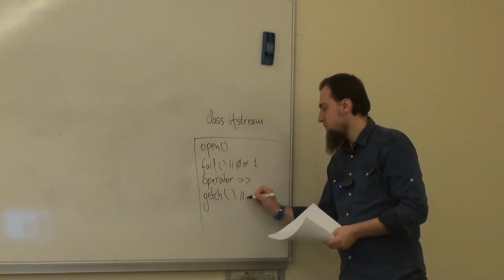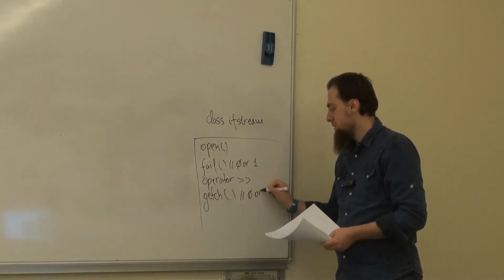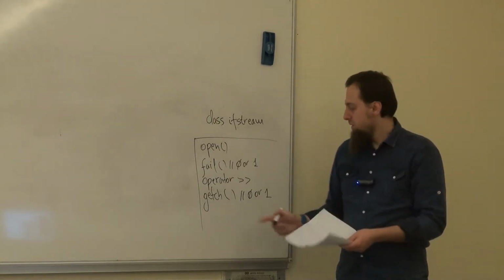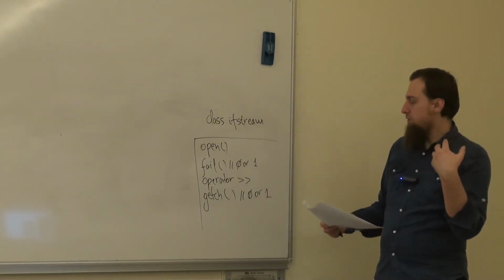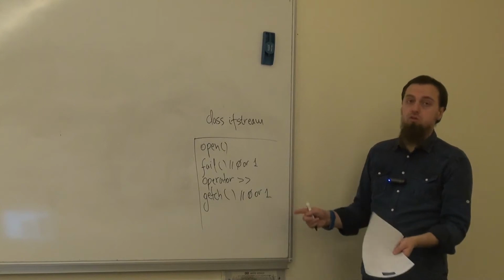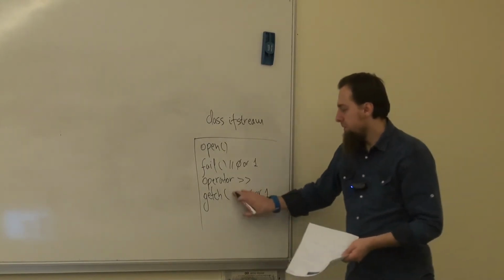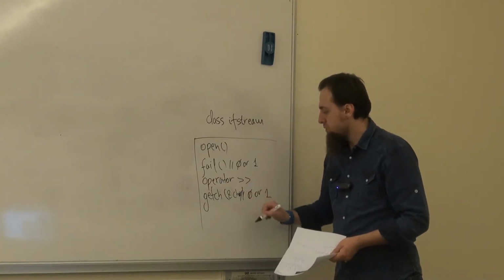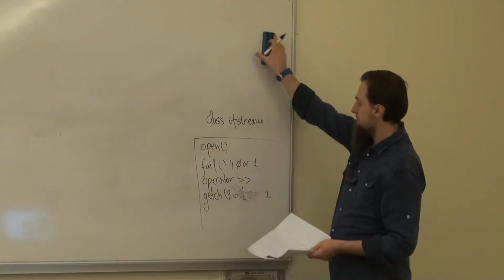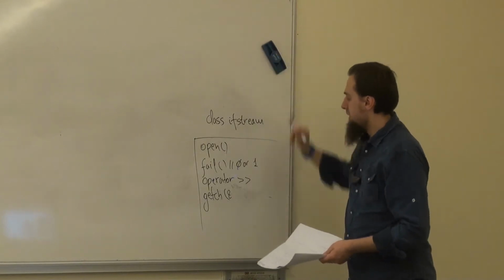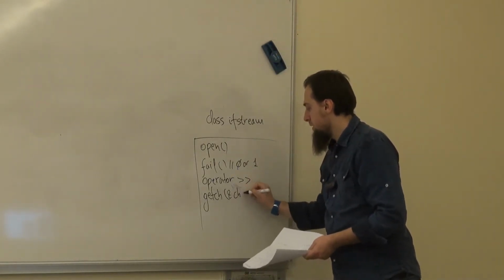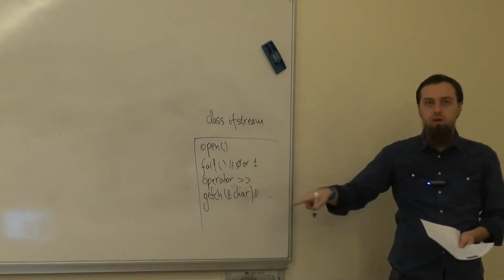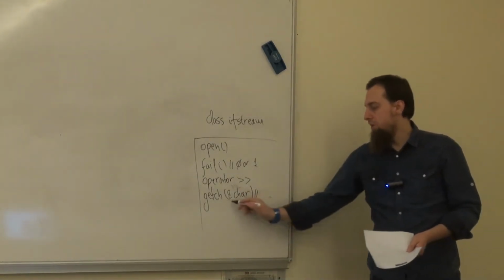And it returns 0 or 1. It returns 0 if we cannot get any character anymore. If it gets the character, if it can take a character from the input file, it returns 1. As a parameter, it takes a reference to a character, to a char. Meaning that the character that we are going to get from the input file is stored in this character, in this variable here.